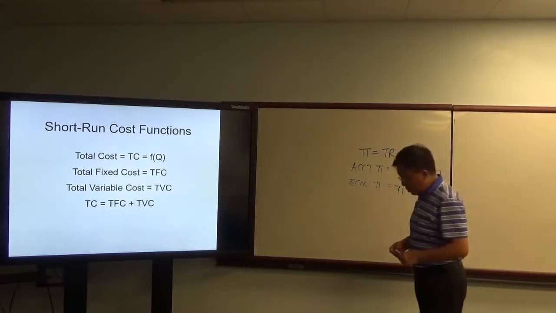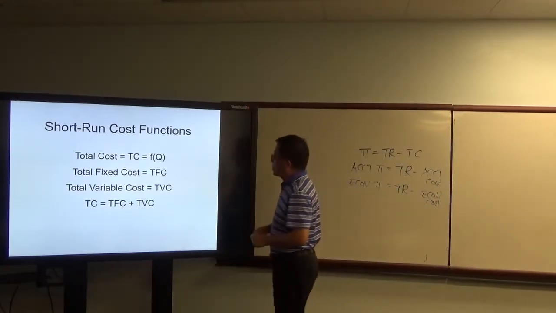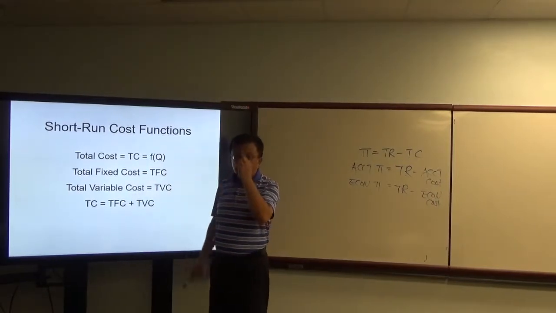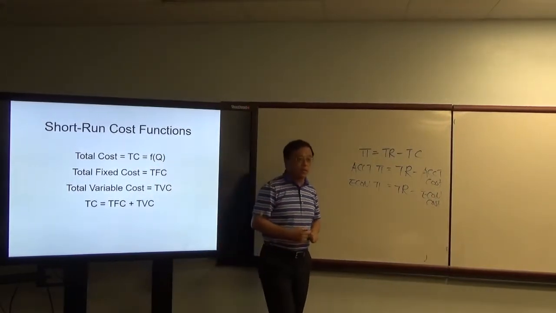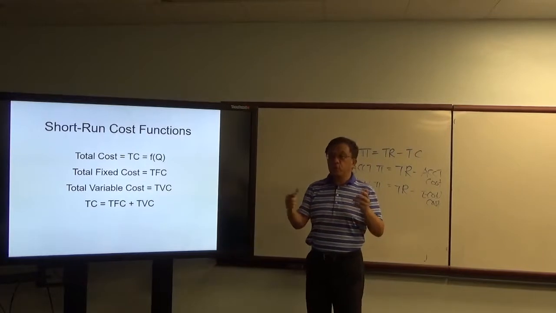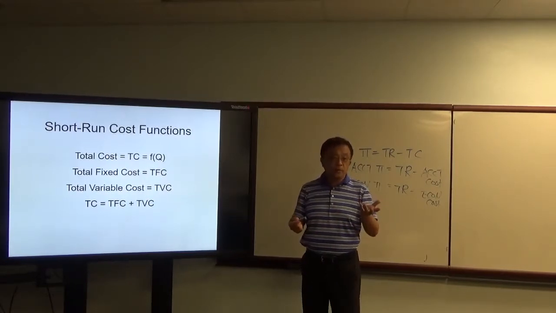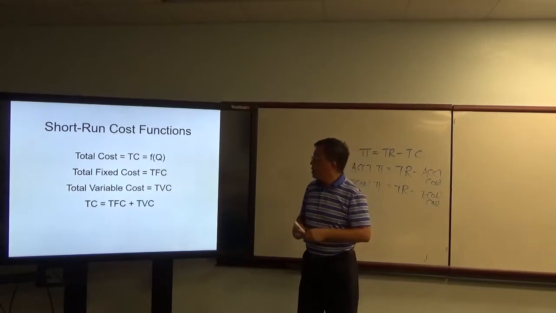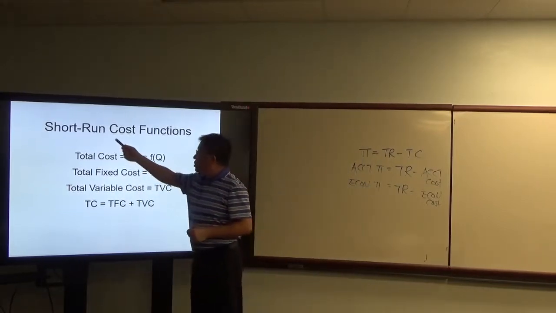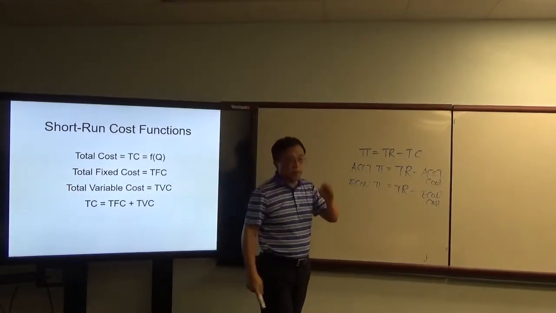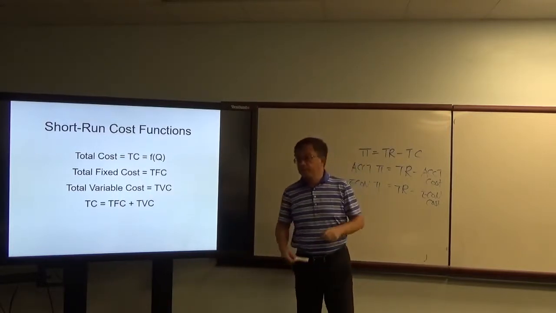And we'll first take a look at the short-run cost function. So what's the definition of a short run? How short is short run? A year. Less than a year? That's in finance. In economics, the definition of short run is some costs are fixed.